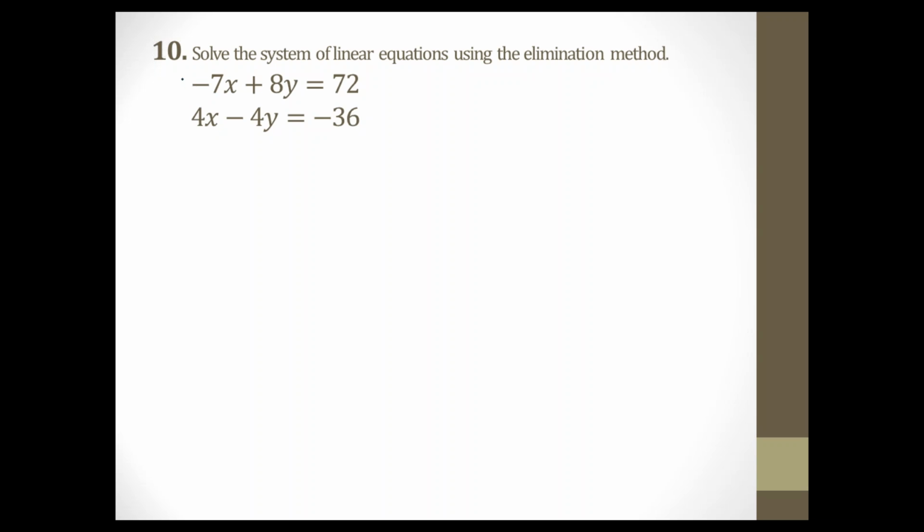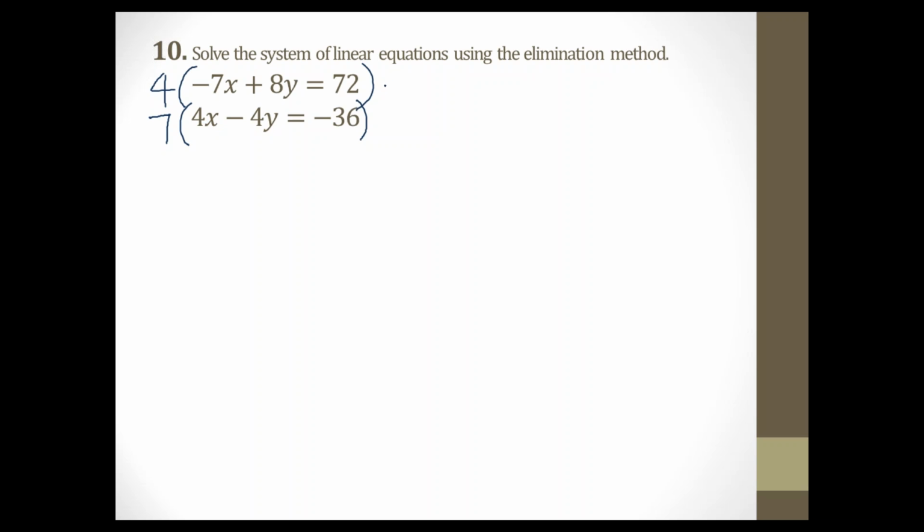So if I multiply the first equation by 4, that will give me -28 for my coefficient for the x. And if I multiply the second equation by 7, that will give me +28 for my x. And then if I add the equations up, the x's will be eliminated.